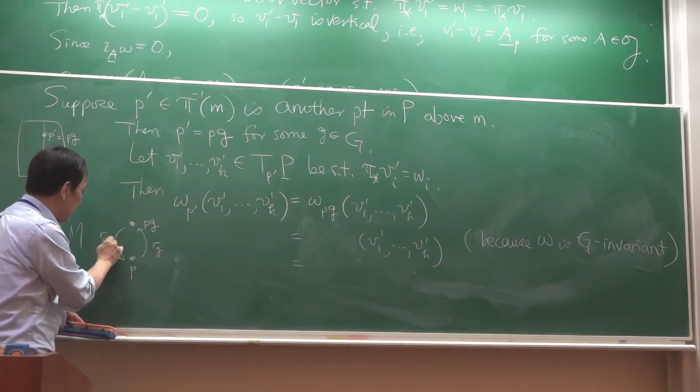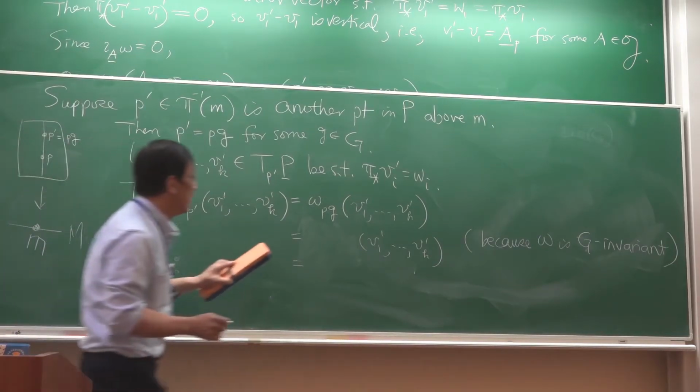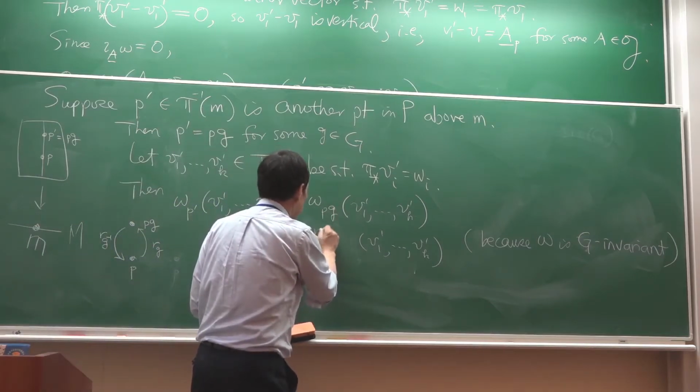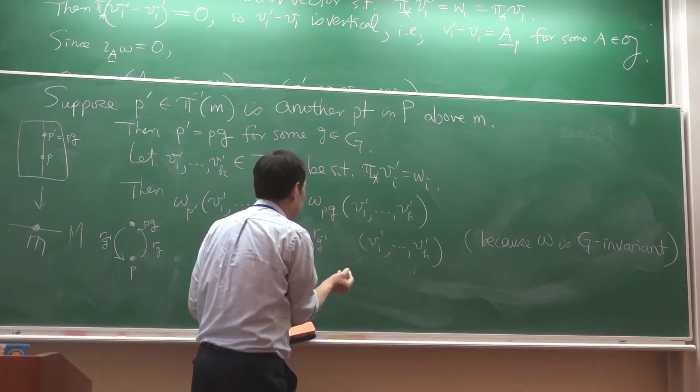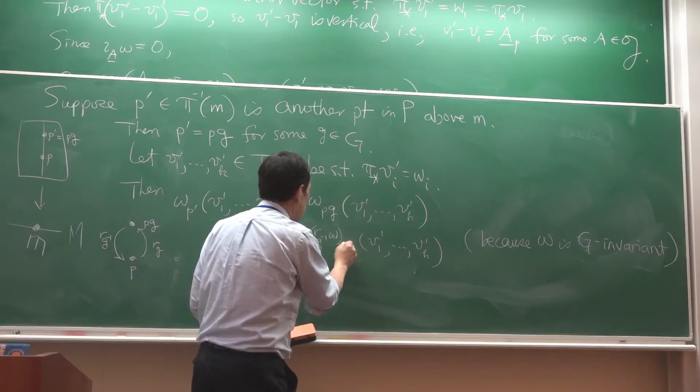I should be right multiplying by Rg inverse, okay? So omega is Rg inverse of omega. Let's see.